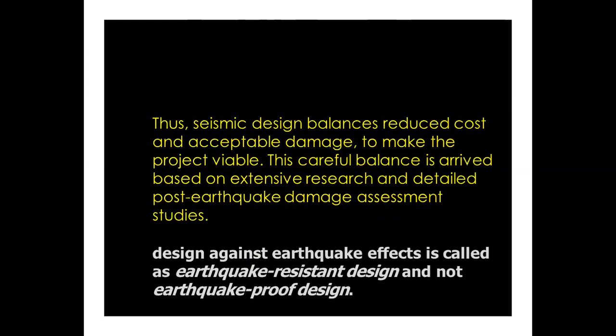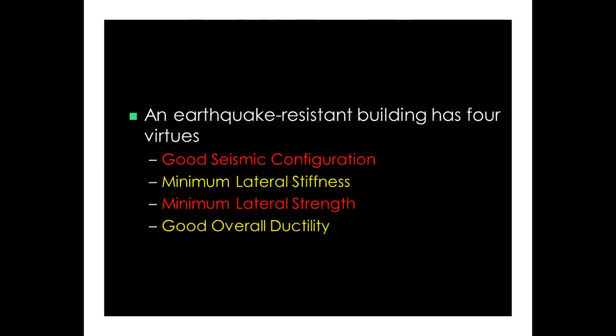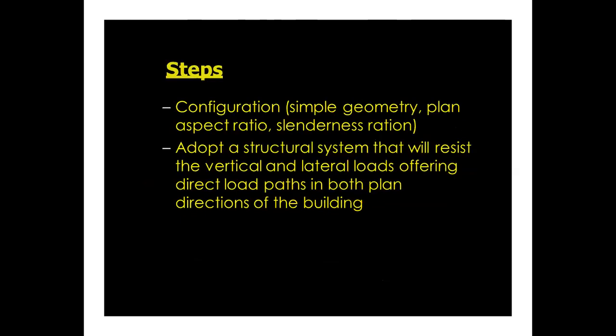So, design against earthquake effects is called earthquake-resistant design and not earthquake-proof building. An earthquake-resistant building has four virtues, as we studied already: good seismic configuration, minimum lateral strength, lateral stiffness, and good overall ductility.